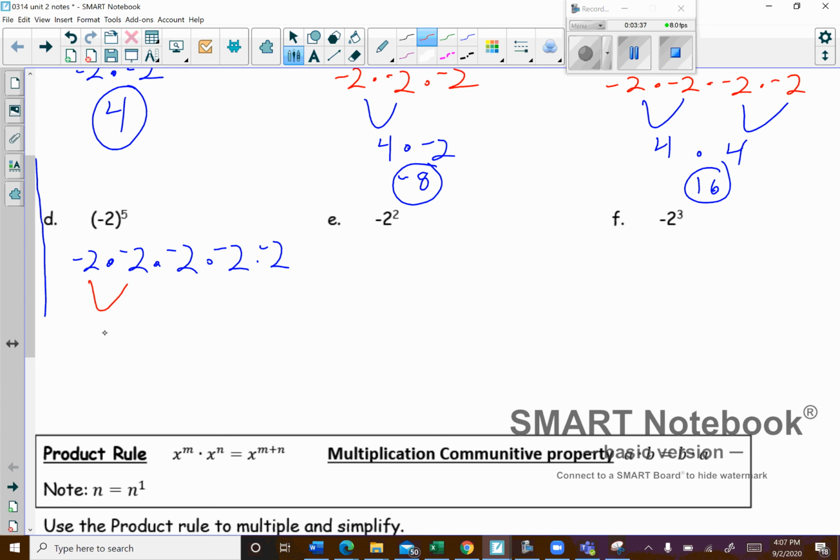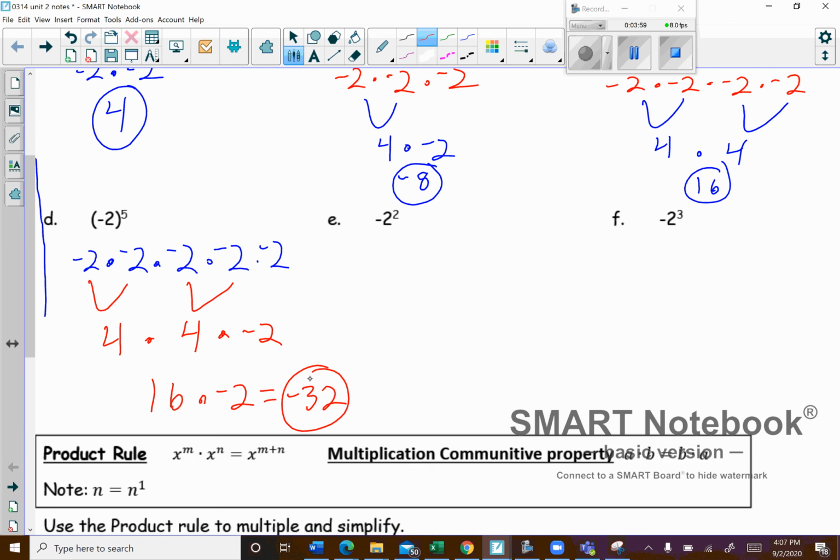Negative 2 times negative 2 is 4. Negative 2 times negative 2 is 4. And then times a negative 2. So 4 times 4 is 16. We saw that from the previous example, but I'm multiplying by negative 2 one more time. So I end up with a negative 32 as my final result for part D.